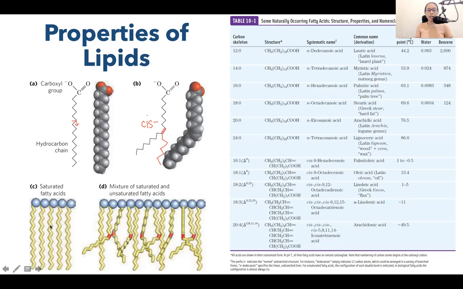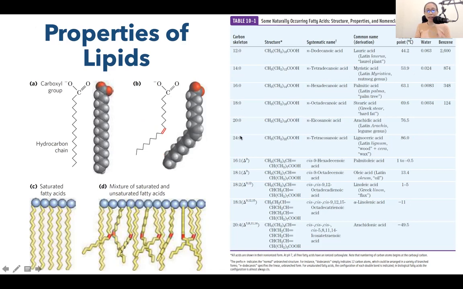Saturated fatty acids, assuming the straight hydrocarbon chain orientation, can pack very tightly and feel the intermolecular forces of attraction more, so they are solid at room temperature. That explains the properties of unsaturated and saturated fatty acids.